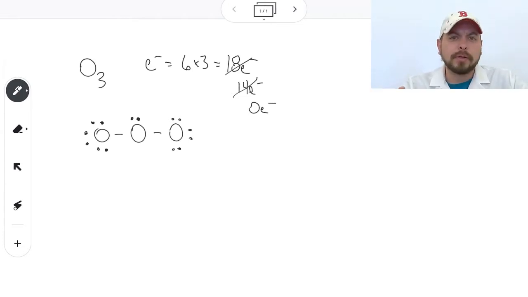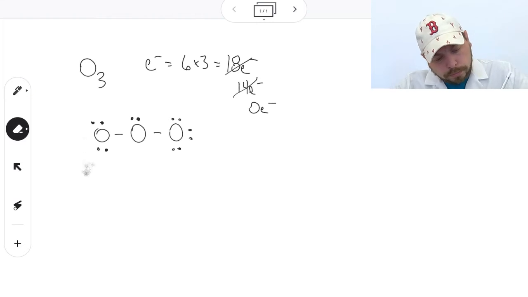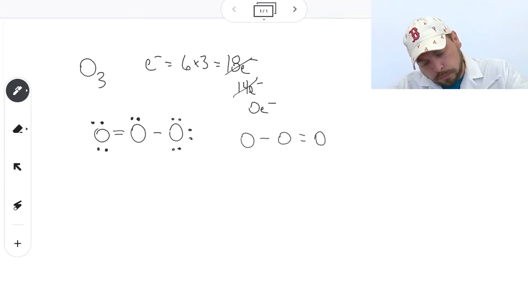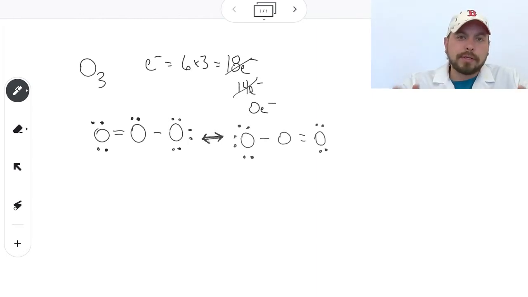So what does that mean? Well, it means that both structures are kind of going to exist halfway. Let me show you. If you take a look at these 2 Lewis structures, you'll see that they're essentially mirror images of each other.